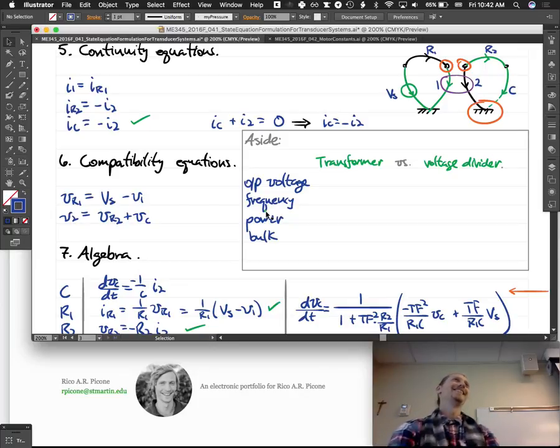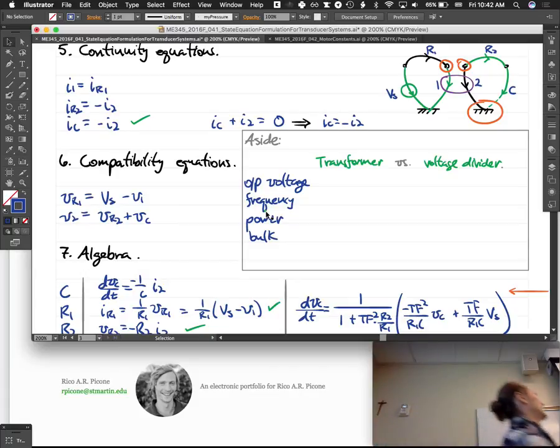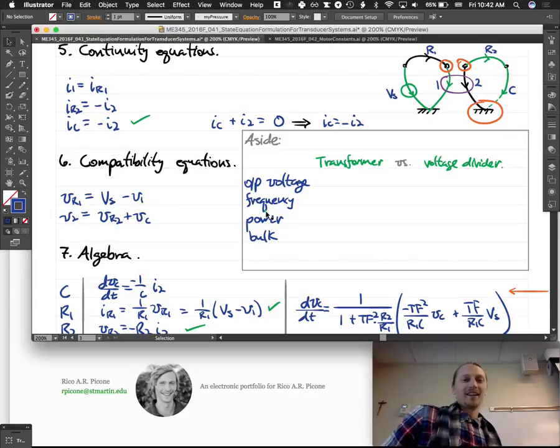Sounds good. Okay. Compatibility equations are next up, right? How many are we going to have? You have them on your page, doesn't matter. Okay. So we have 2, right? 1 for each of these twigs, the elements not in the normal tree. So we write one for this and one for this. The first one we'll do is this.